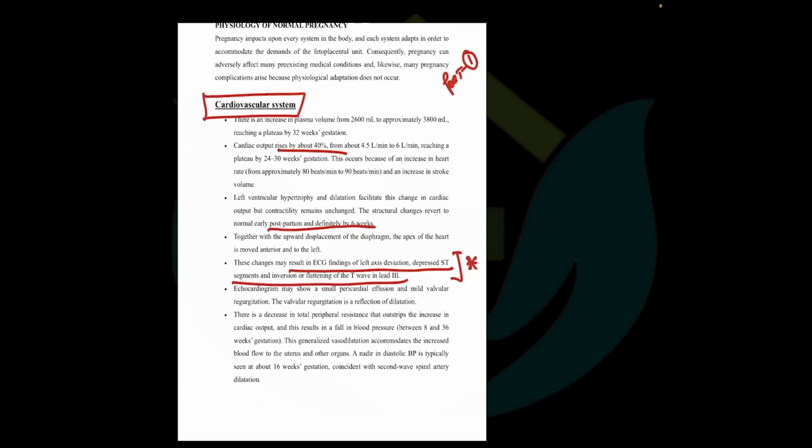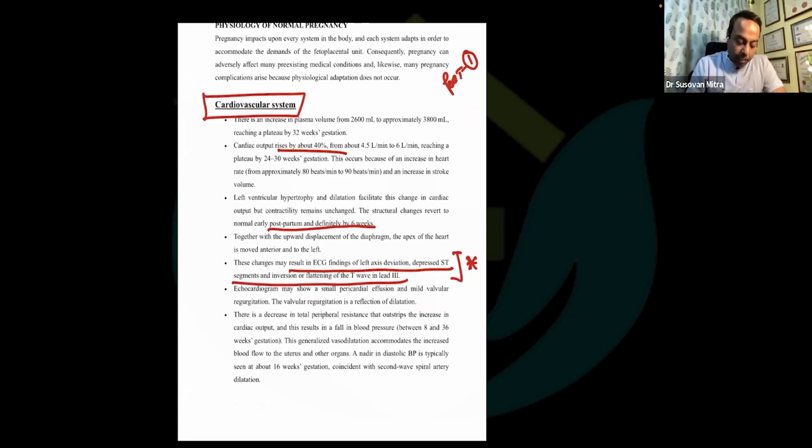No problem. You're welcome. Keep in mind that there will be a decrease in total peripheral resistance, and that will further increase cardiac output. Because of that, there will be a decrease in blood pressure. Now, this is important. That's why I was mentioning that because there is a decrease in total peripheral resistance, there will be increased cardiac output, and you will see a little decline in blood pressure up to 36 weeks.